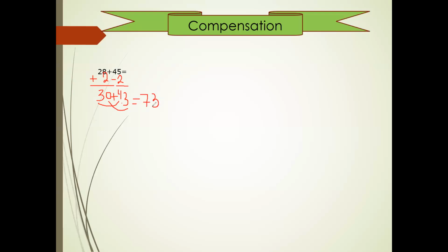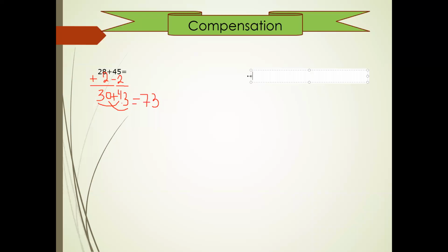So the strategy, here 0 plus 3 is easier to add, 0 plus 3 equals 3, than to add 8 plus 5 equals 13, okay? That's why we are making that compensation. What does it mean, compensation? Again, I take from one number, I put to another number. I take 2 from 45, I put it to 28. But we start with the question. Okay, let's do one more example.